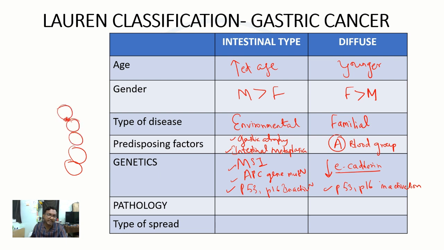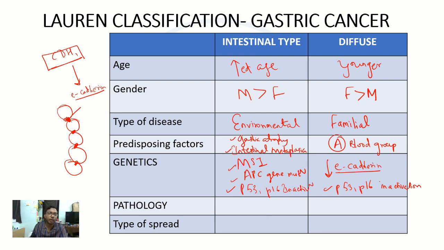In between cells, one cell is adhered to another cell with the help of your E cadherin protein. And mainly your gene is your CDH1 gene. So if this gene is good, your E cadherin will be normal, and the sticking of one cell to another cell will be normal.